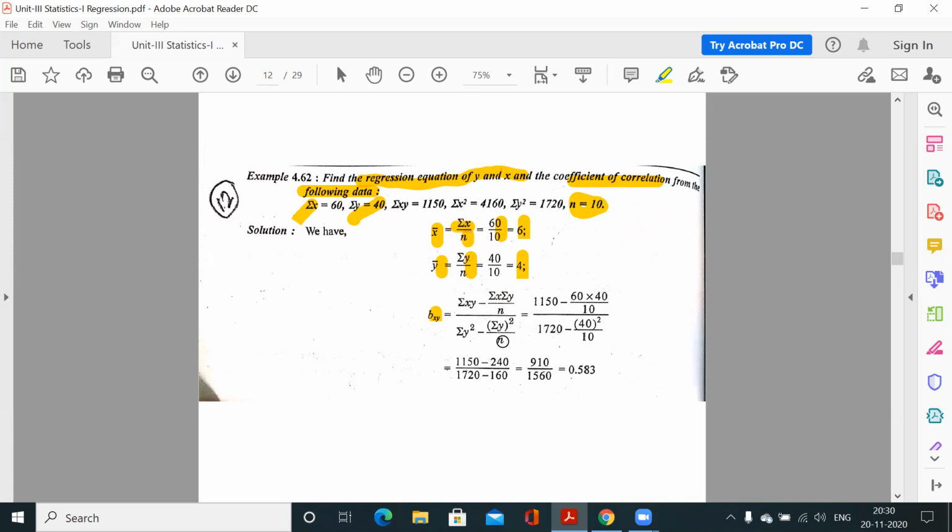We have to use this formula only because we don't know the data. We know the summations only. For this type of values, we can use this formula only, not the u and v formula, so we cannot use the shortcut method. Clear? This is the third type of formula, without using any mean.